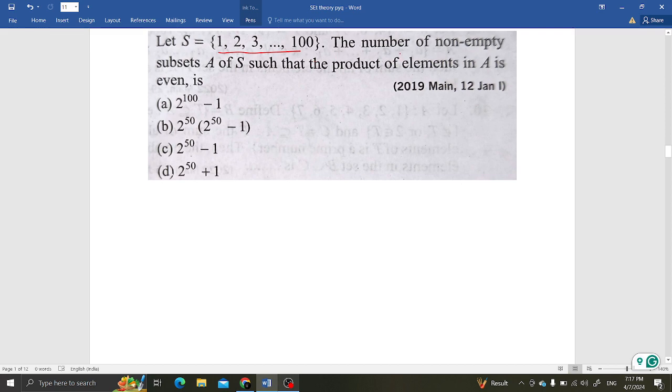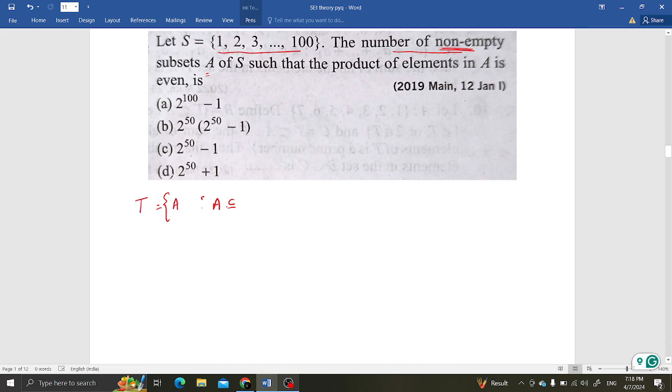The number of non-empty subsets A of S such that the product of the elements in A is even. So I need to collect all those subsets. Here I will write like that.